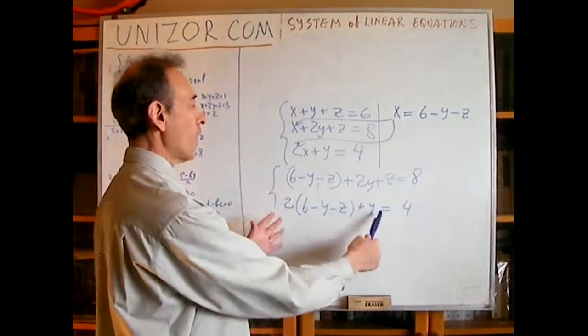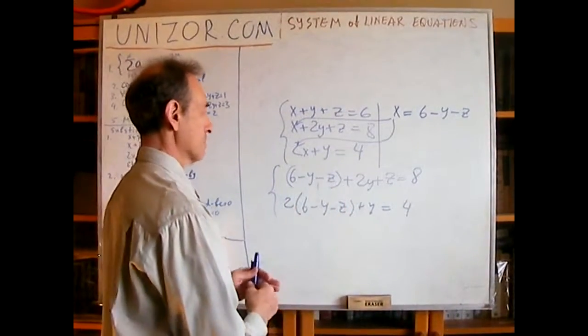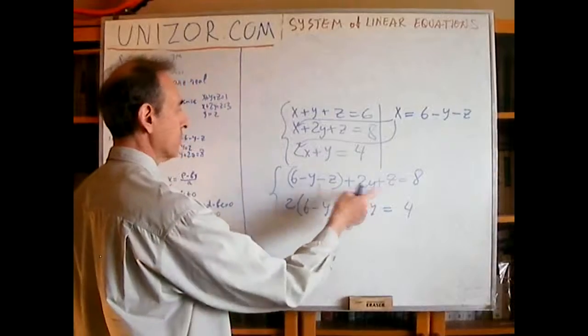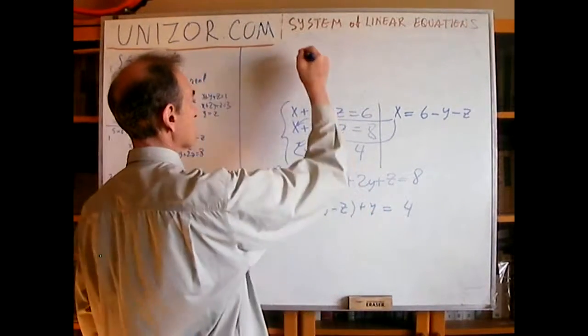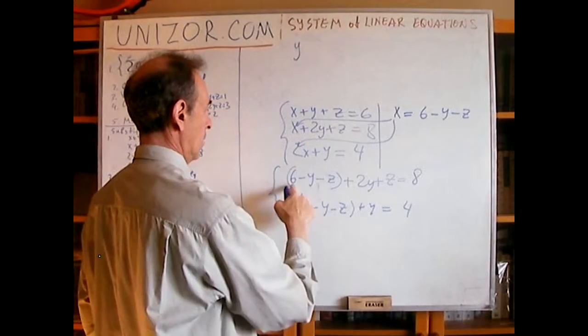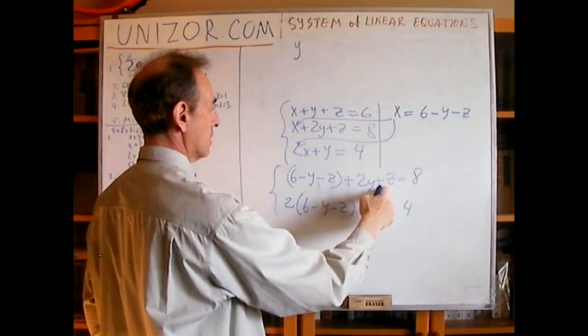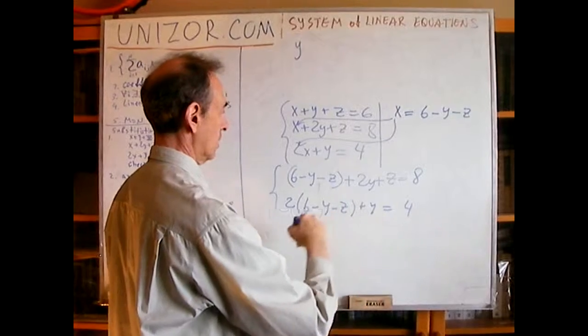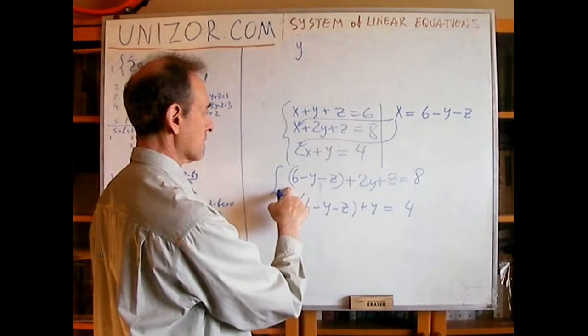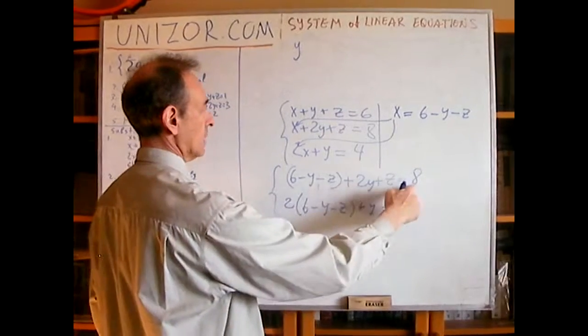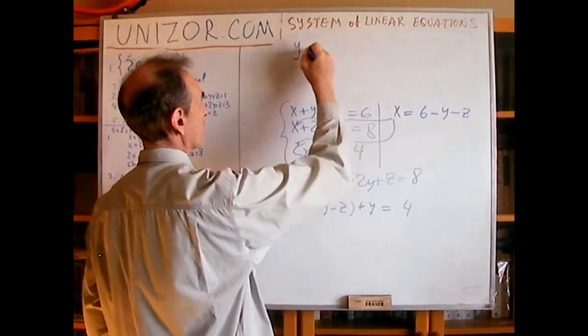So now we have only y and z and only 2 equations. Alright, now let's simplify this. Minus y and y, it's one single y, minus z plus z, well, that actually nullifies each other, and the constants 6 and 8, so it's 2.